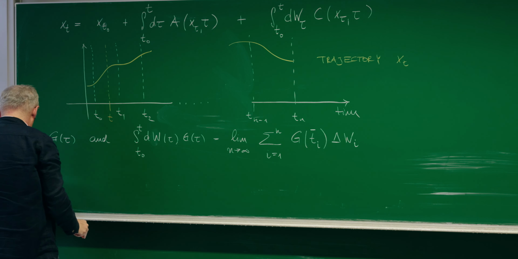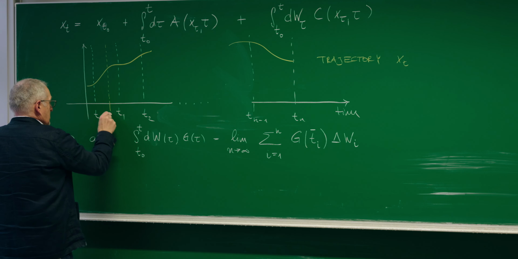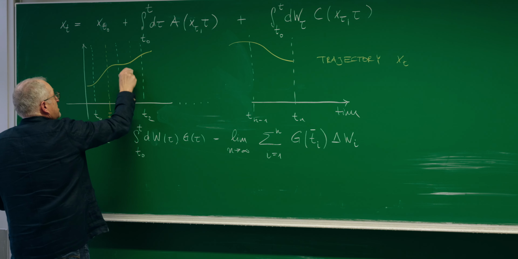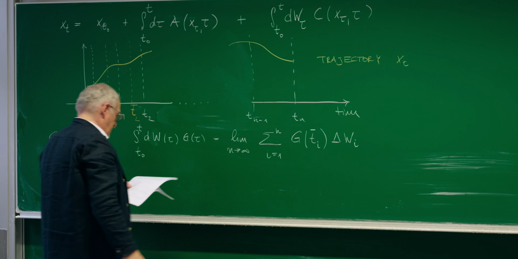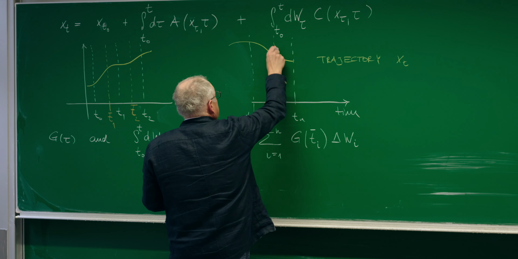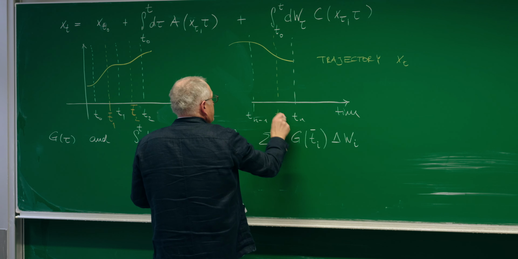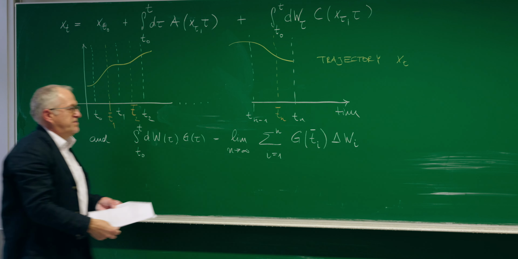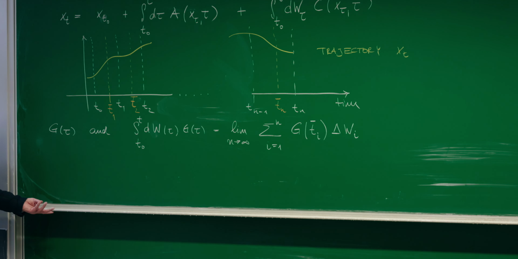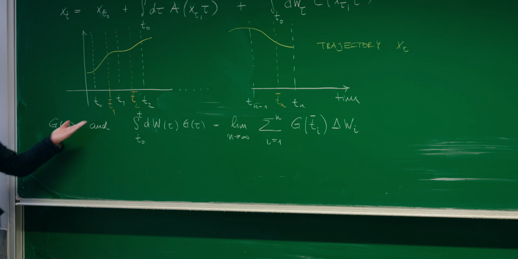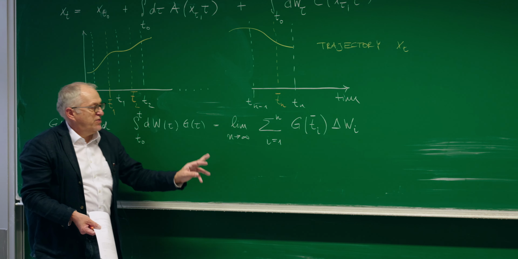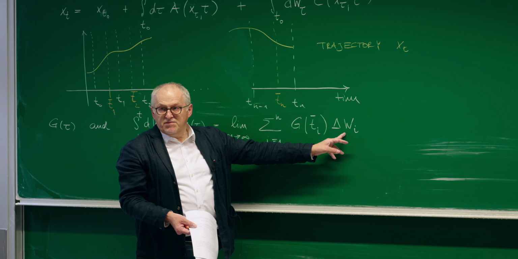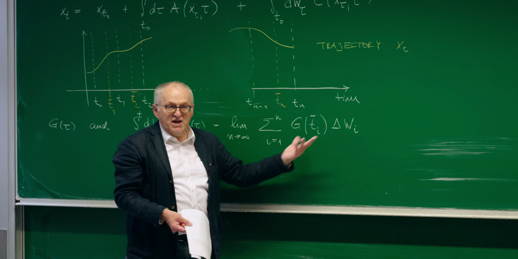Here, some t1 bar, and here some t2 bar, etc., up to here, where you choose some tn bar. That's a way to define the stochastic integral, and I do have that choice. I don't have to pick the time points here at exactly the same points. I can make it different.